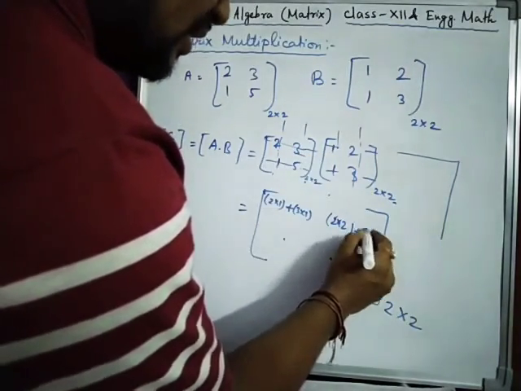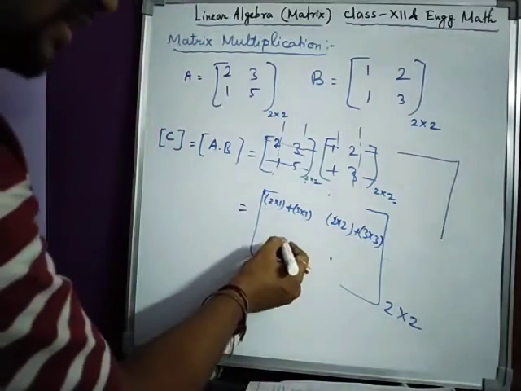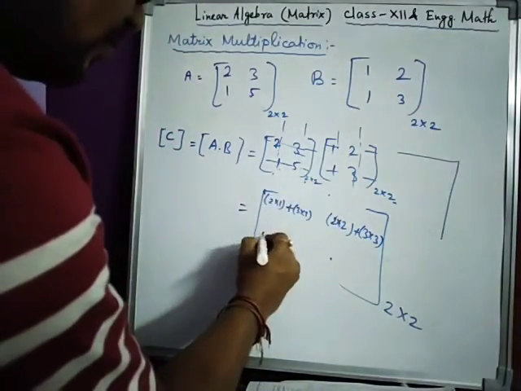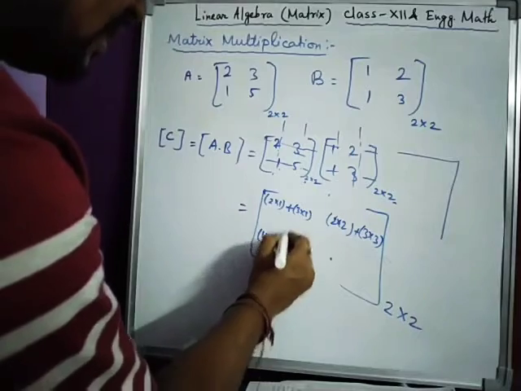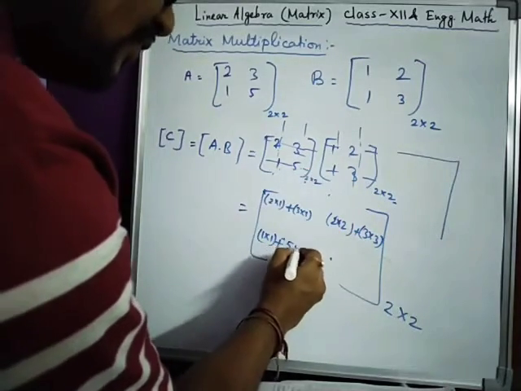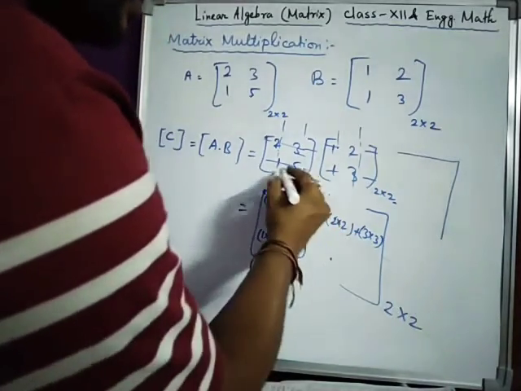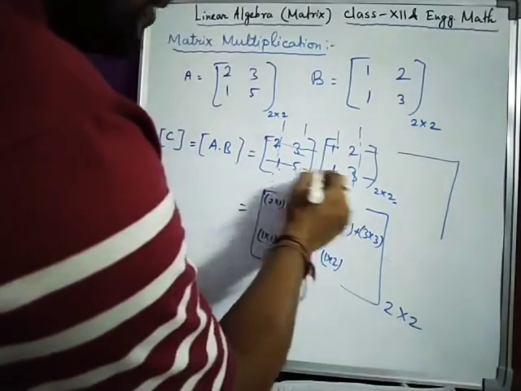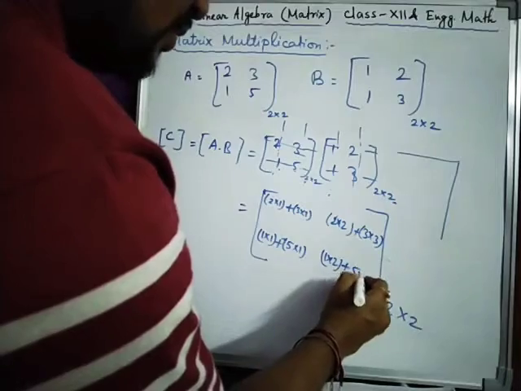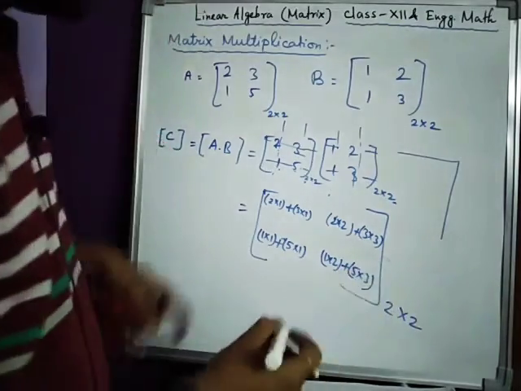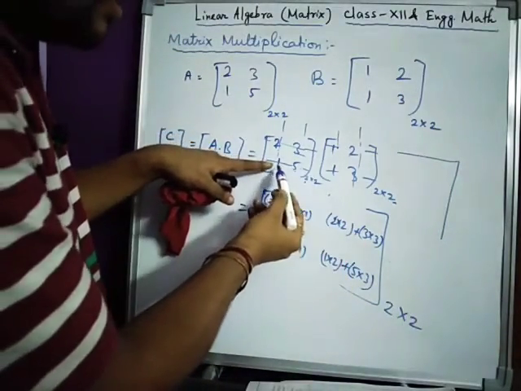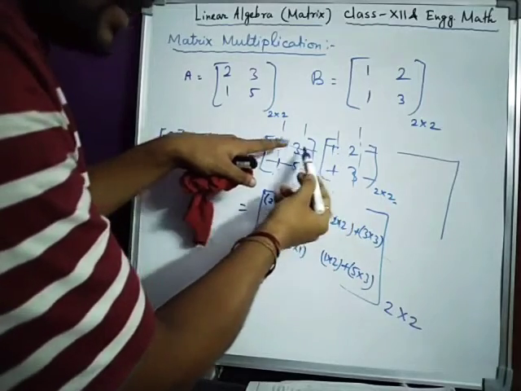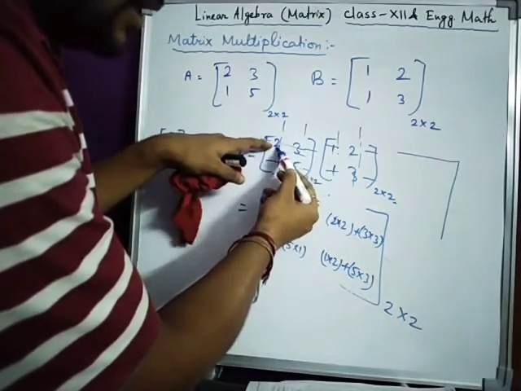Next, 1 into 1 plus 5 into 1. Similarly, 1 into 2 plus 5 into 3. This is the formation. Please remember, I am multiplying this with this and this with this. You cannot multiply this with this.